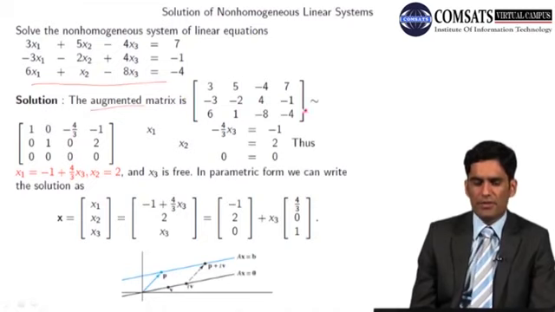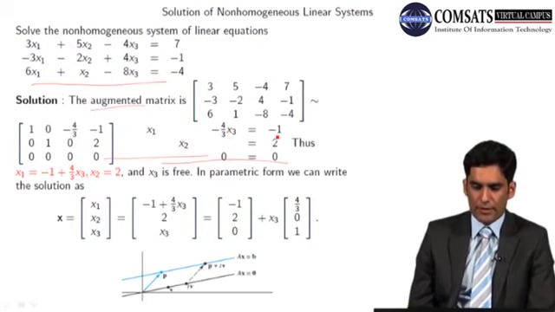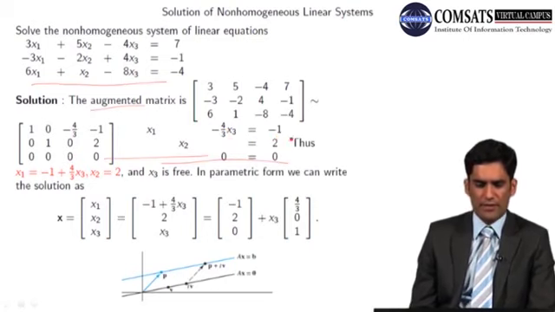Now this augmented matrix can be transformed into the reduced echelon form, which is this one, and if we write the reduced echelon form into equations, we have these equations: 0 equals 0 corresponding to R3, x2 equals 2 corresponding to R2, and x1 minus 4 by 3 x3 equals minus 1. So we have once again x1 equals minus 1 plus 4 by 3 x3, and x3 is a free variable.